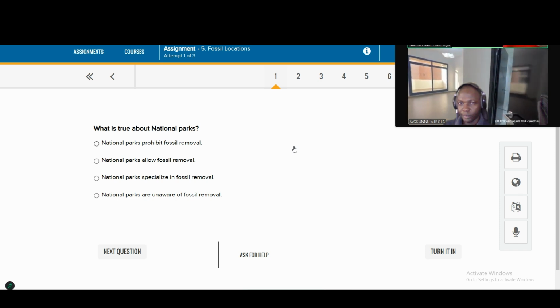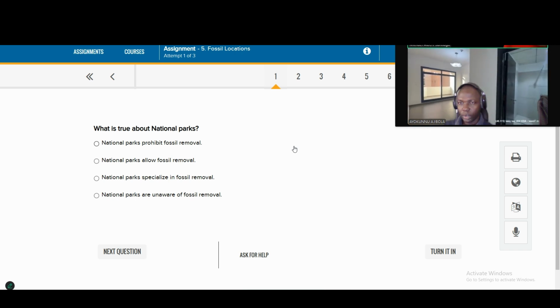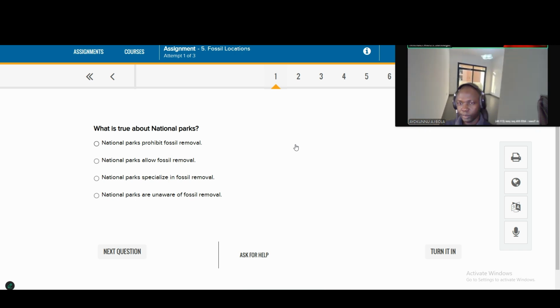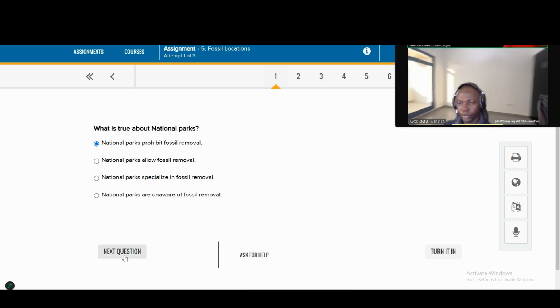National parks allow fossil removal. No, they don't. National parks prohibit fossil removal.